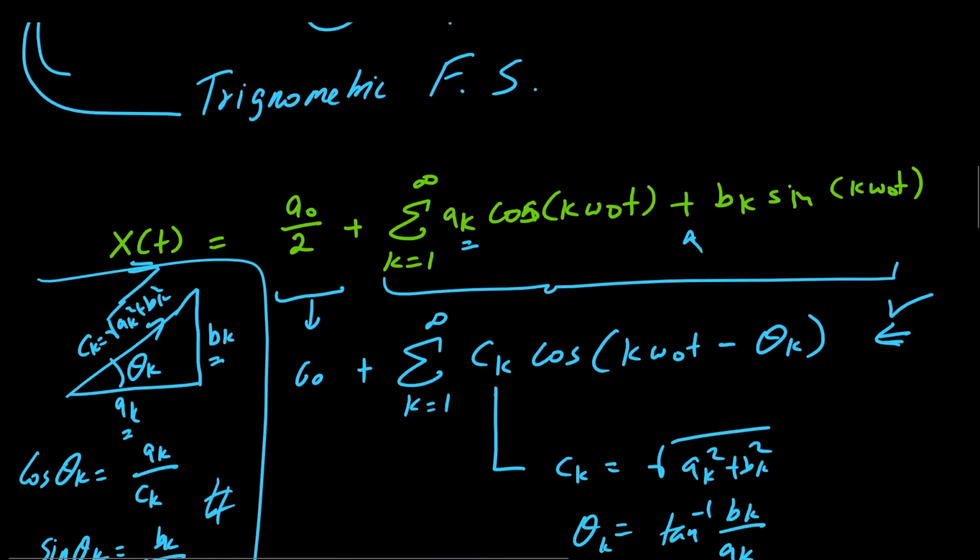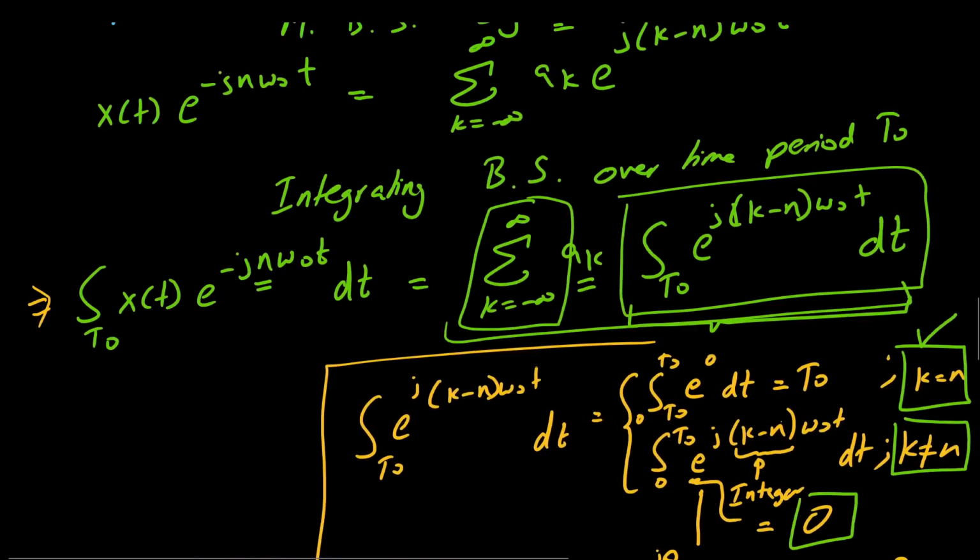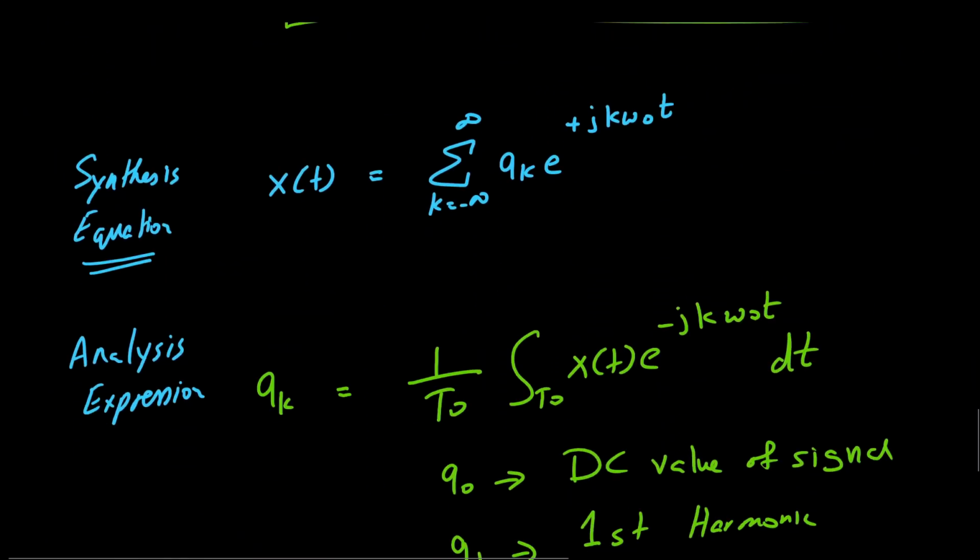Similarly, in the compact form, cos 1 omega naught is orthogonal with cos 2 omega naught, so the sums are with respect to orthogonal bases. Also in the exponential Fourier series, that orthogonality is still there, that is, e to the j 1 omega naught t is orthogonal with e to the j 2 omega naught t. So as long as the bases are orthogonal, we can have a Fourier series.